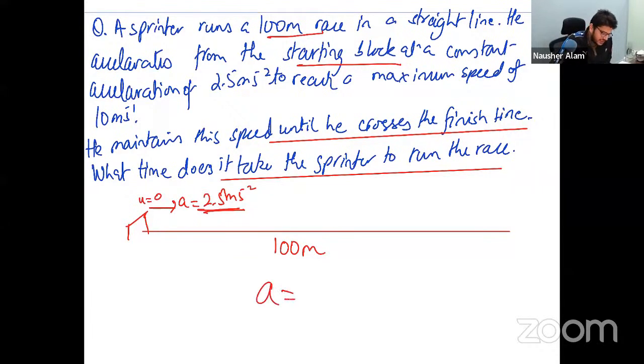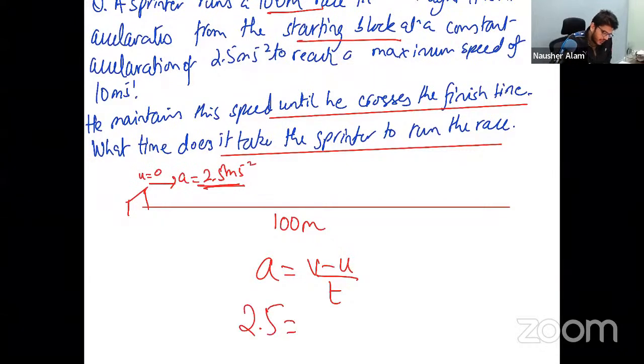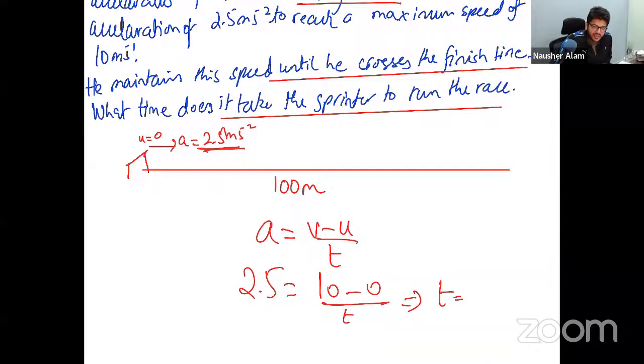So if I use acceleration is equal to v minus u over t, write acceleration as 2.5, final speed as 10 because I hit a maximum speed of 10. My initial speed is 0. The time I don't know. From here, the time that I get is 10 divided by 2.5, which is what? 4 seconds. Ali Raza, you see how to do it. In 4 seconds he reaches a speed of 10 meters per second.